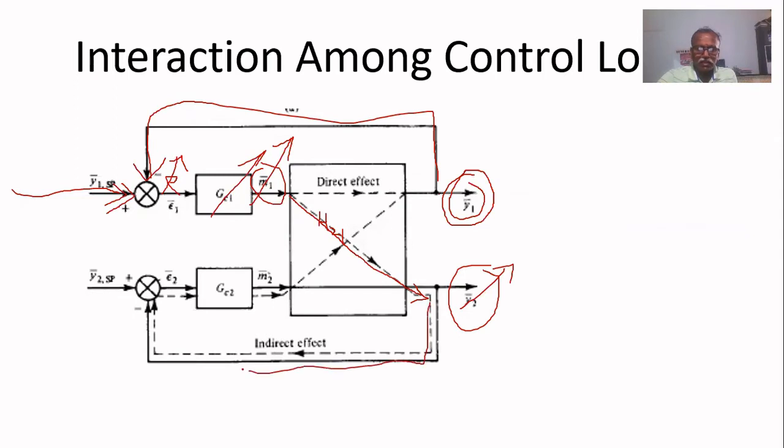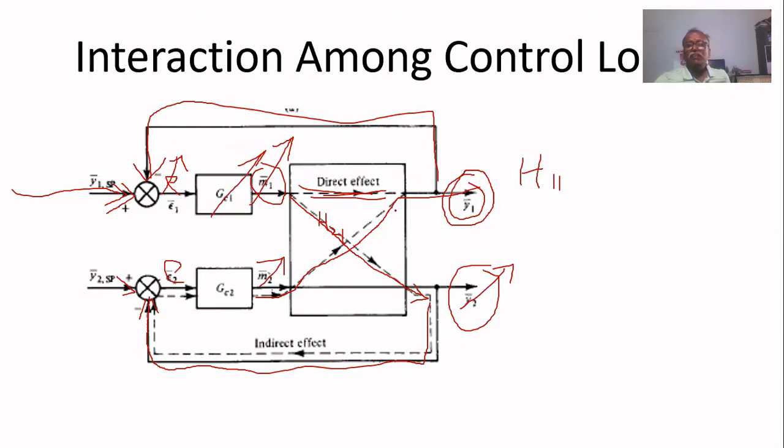Y2 deviates, but the Y2 set point is constant. Some error again happens here. That's why now M2 is manipulated to control Y2. At the same time, it deviates Y1 also. This effect is called the indirect effect. The change in Y1 because of M1, that is the direct effect, because of H11.